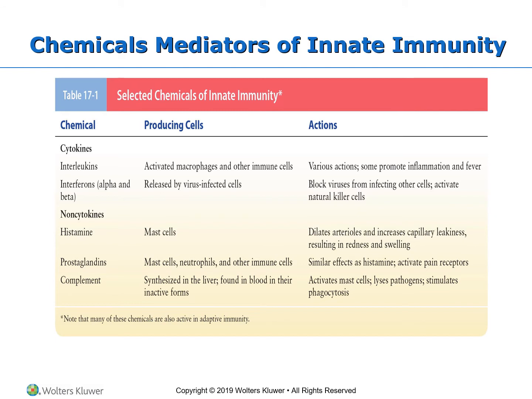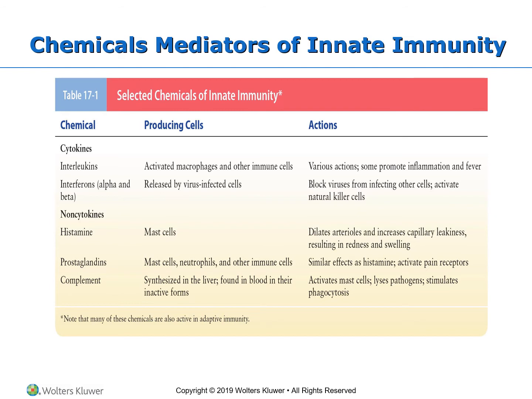As a result of this action, we'll have an increase in redness and swelling, because with the leakiness of the capillaries, not just the elements can go out through it inside the interstitial part of our body, but also the fluids will move with them.